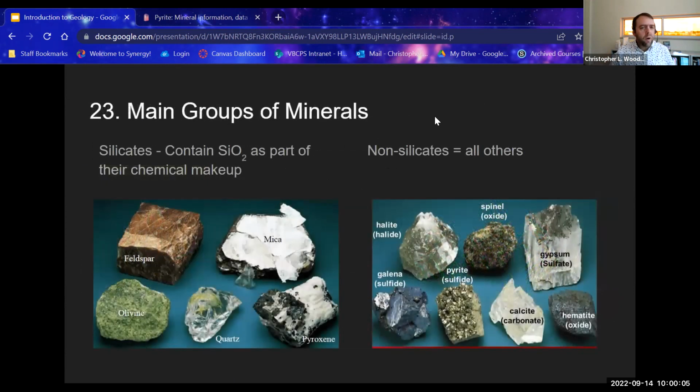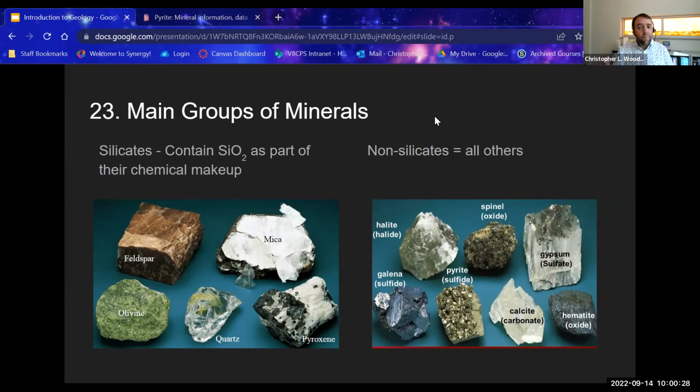All right, we are going to start classifying minerals and get into a little bit more detail in a later class, because that will allow us to move into mineral uses, because the usage of a mineral is really based on its chemistry, and we can divide minerals up based on that chemistry. But for now, we're only going to break minerals down into two main groups.